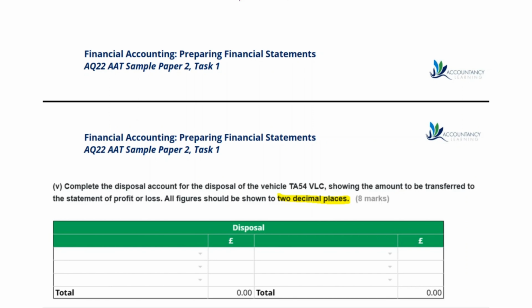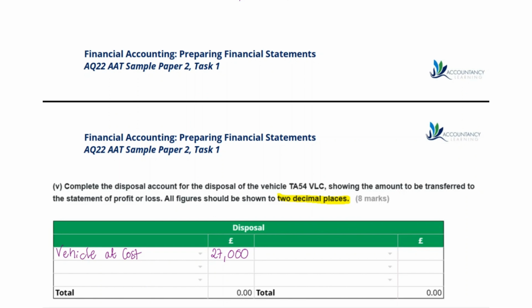So we'll credit vehicles at cost and we would debit the disposal account. Now we're taking the original value of the vehicle, which was 27,000, which would be in the question. So that's removed the vehicle from the asset account.